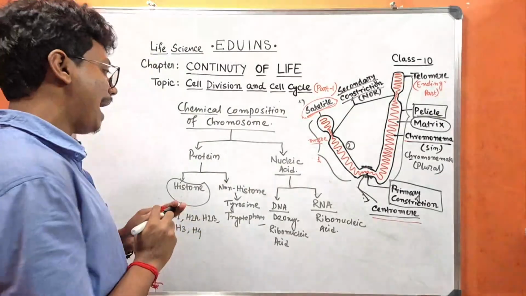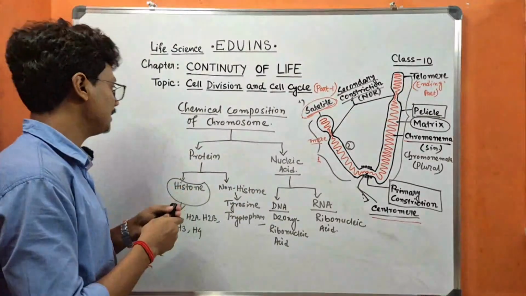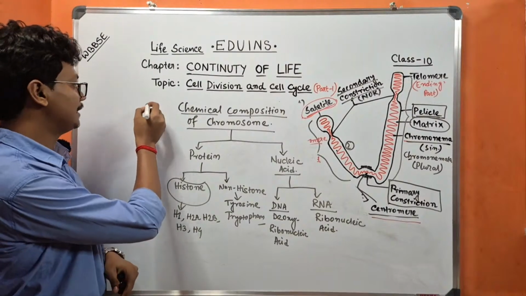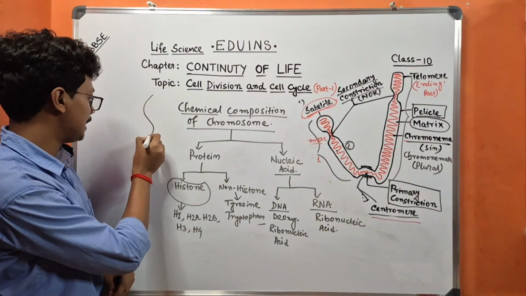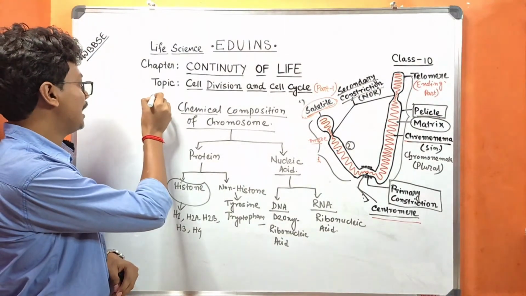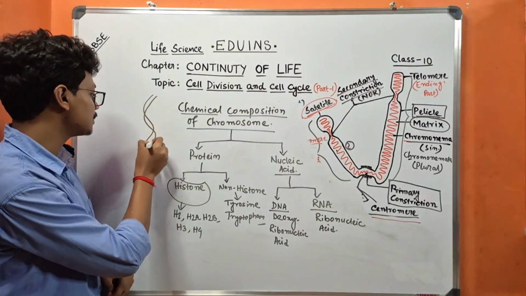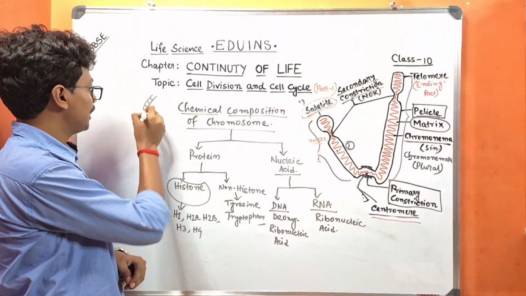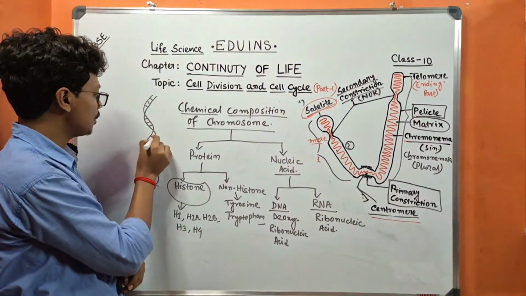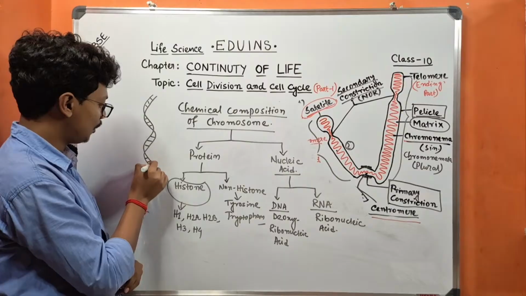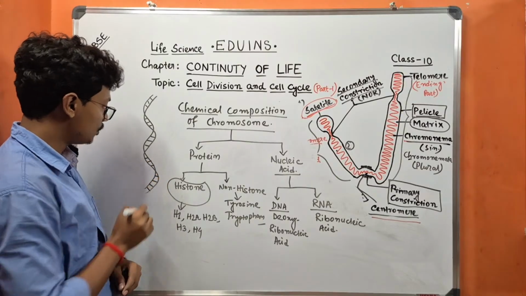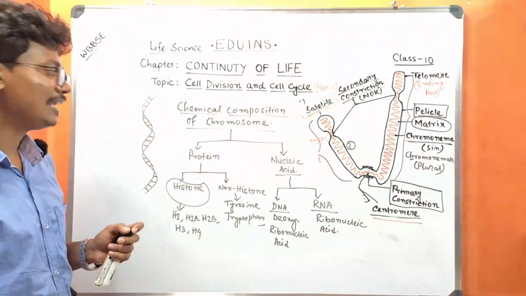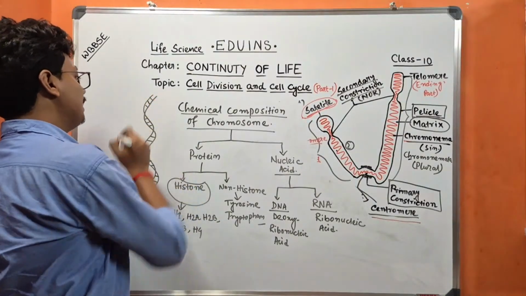The backbone of the chromosome is the DNA, and DNA is a ladder-like structure proposed by Watson and Crick, known as the Watson and Crick model, where they proposed that DNA is a ladder-like double helical structure.